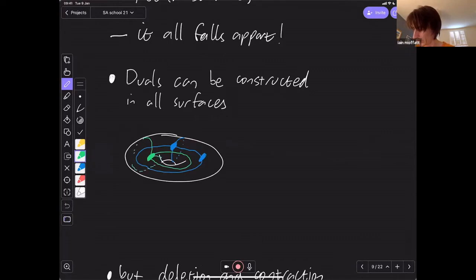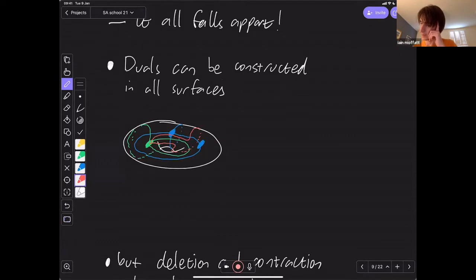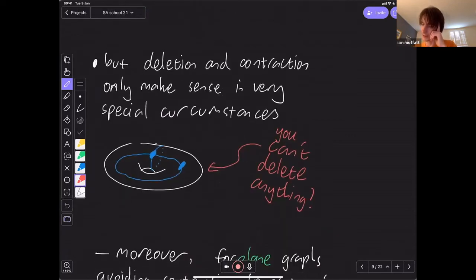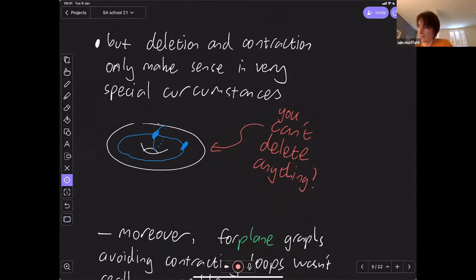So we've got one coming around the outside there, and we're also going to have another edge, I'll draw this in red, that comes around here, loops around the outside, back in like so. Okay, so my duality works absolutely fine, no problem whatsoever, but my deletion and contraction just don't make sense.